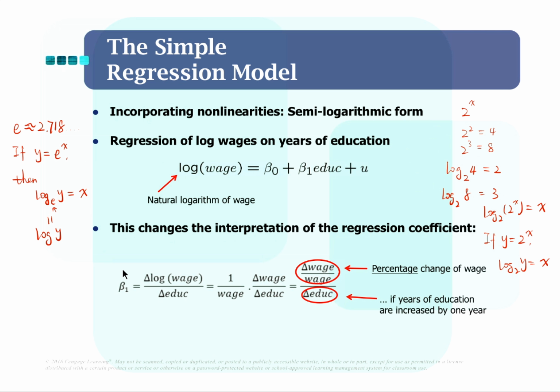In that case, we know that the interpretation of beta 1 is that if years of education increase by 1 year, then how much the hourly wage is increased, or changed. But here, the meaning of beta 1 is the percentage change of wage if years of education are increased by 1 year.